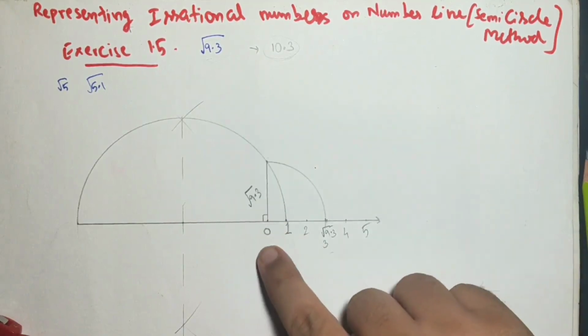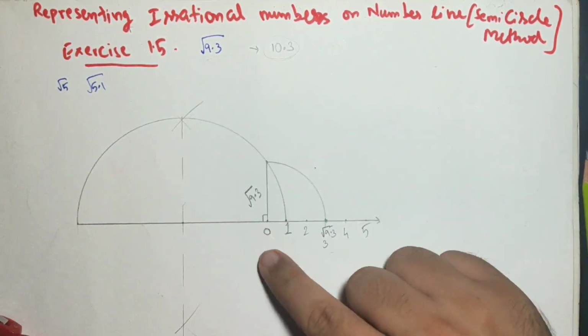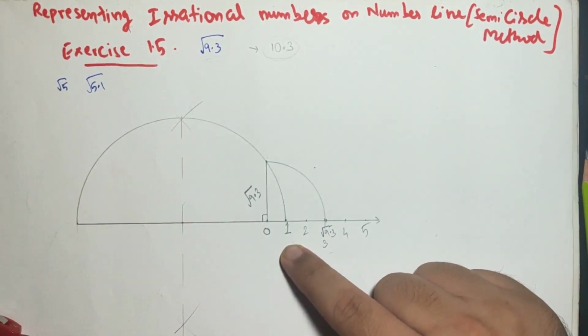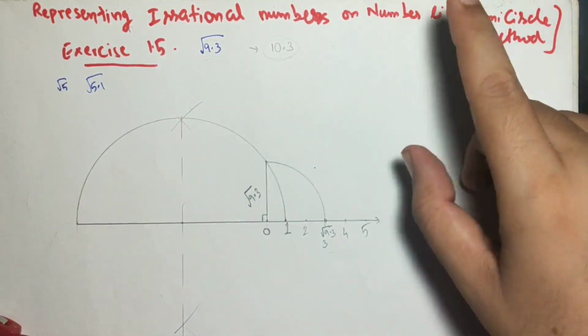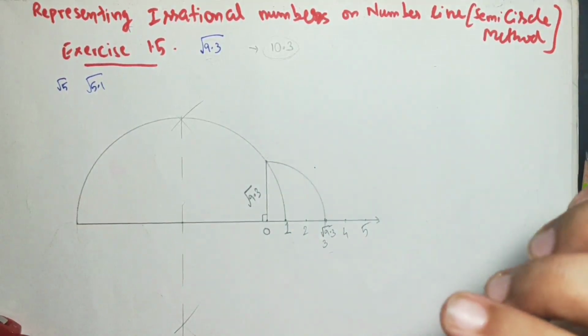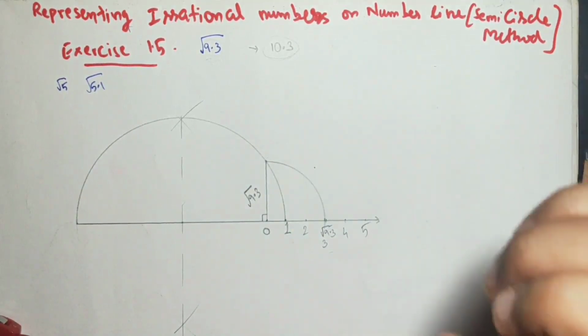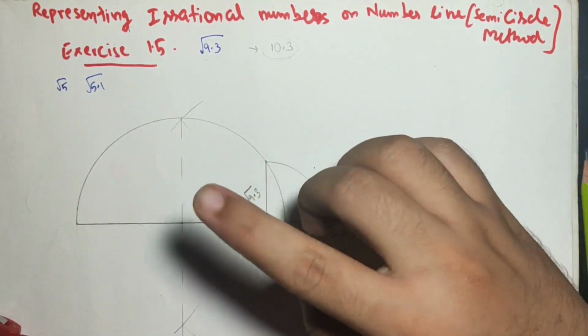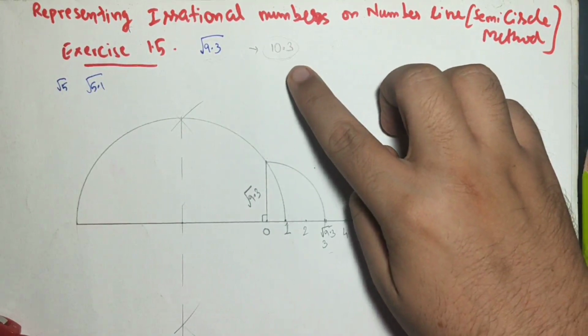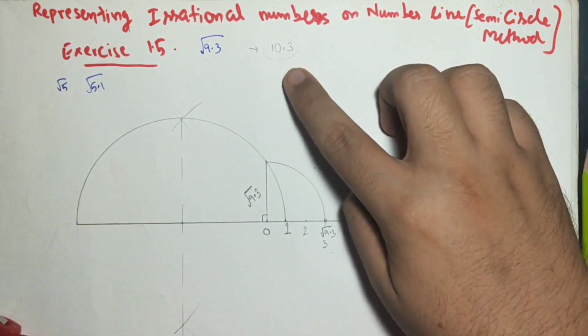So the point for 9.3 in the question will be 0, and the number obtained by adding 1 will be our 1 point. Now take the midpoint by the perpendicular bisector method. Don't take the midpoint by just dividing by 2. That is the wrong method. We have to construct the perpendicular bisector to find the midpoint of the number obtained by adding 1.